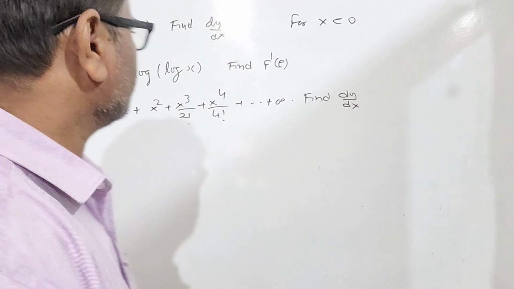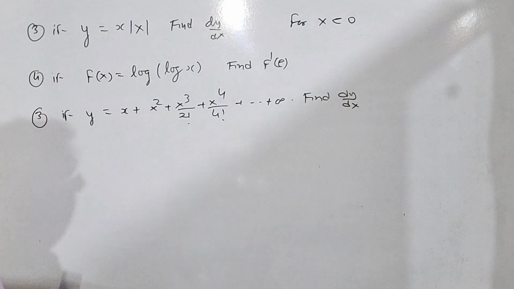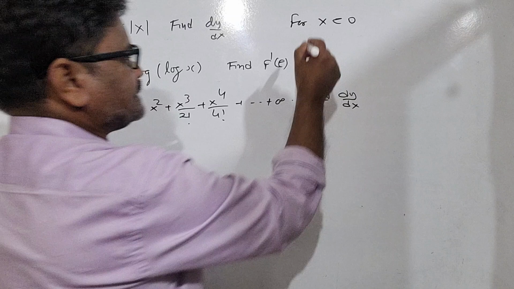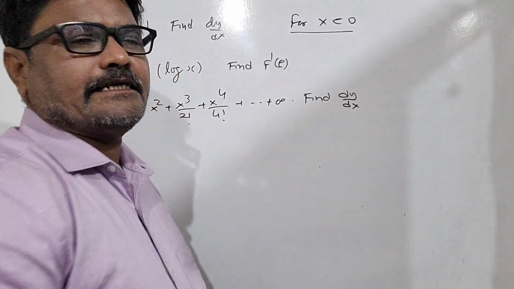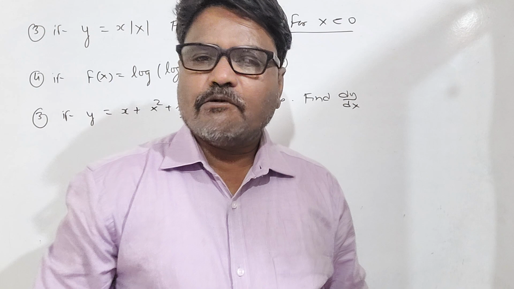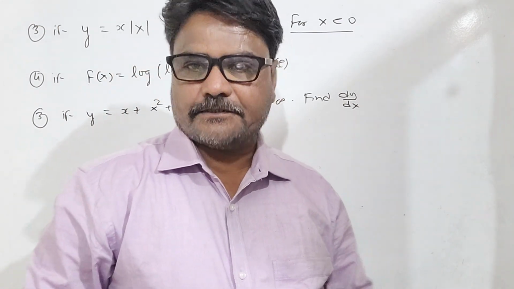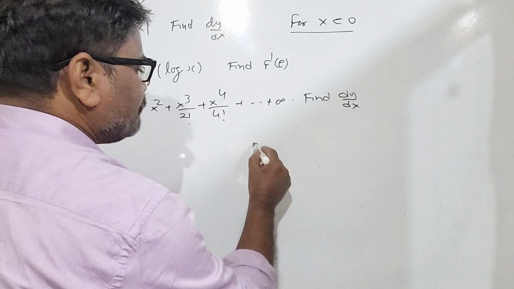Now these three questions. If y is x into mod of x, find dy by dx for x less than 0. That is, x is already given as less than 0. So whenever mod is there, that means we have to open the mod function first. How does the mod function open?